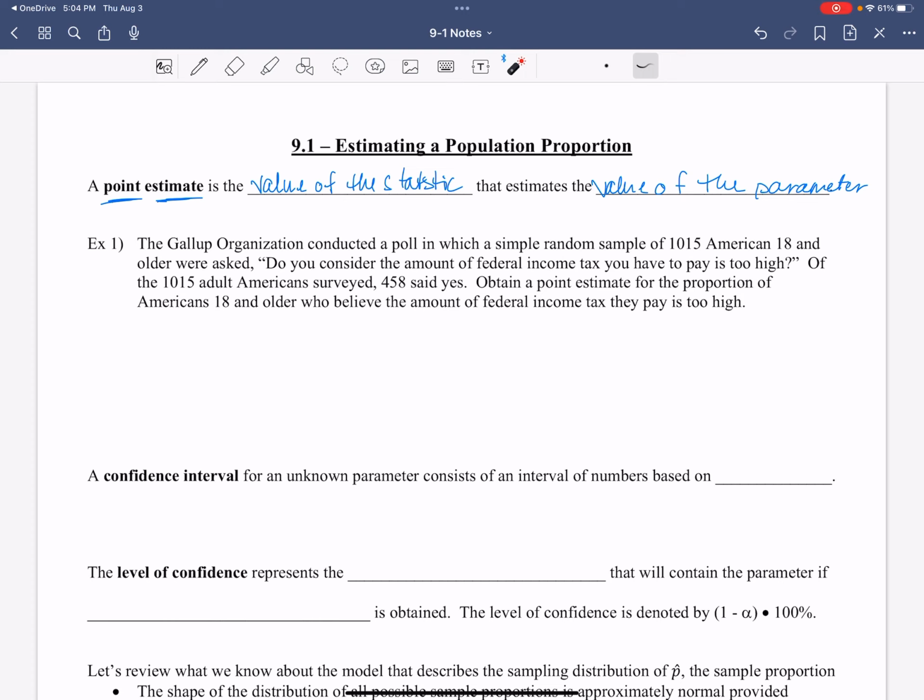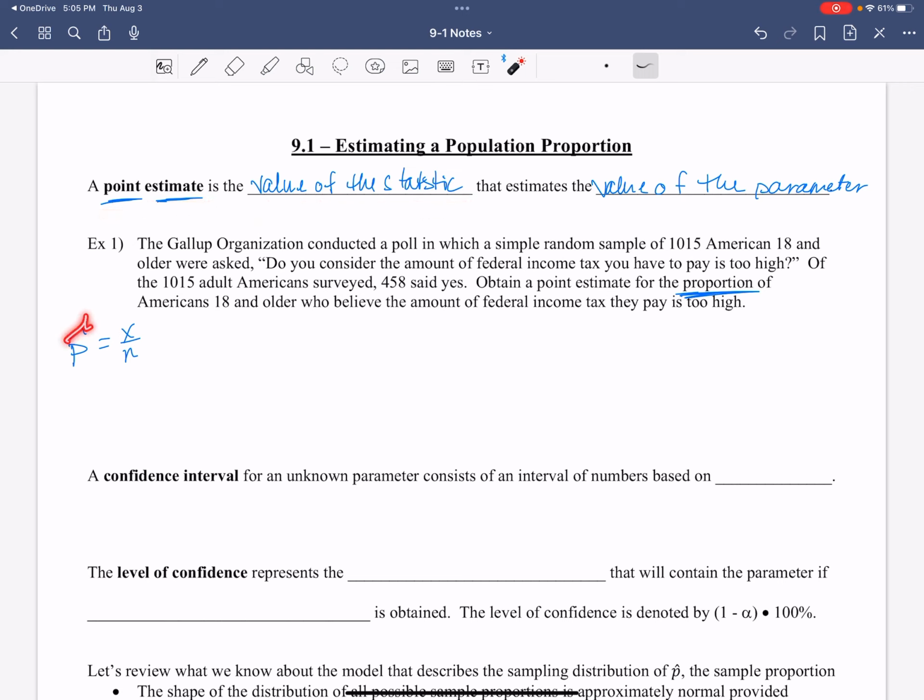We are finding a point estimate of the proportion. Now, when we talked about proportion previously, we had p hat is equal to x over n, right? Same thing. This proportion is based on the sample, but what is a point estimate? A point estimate is the value of the statistic that is based on the sample.